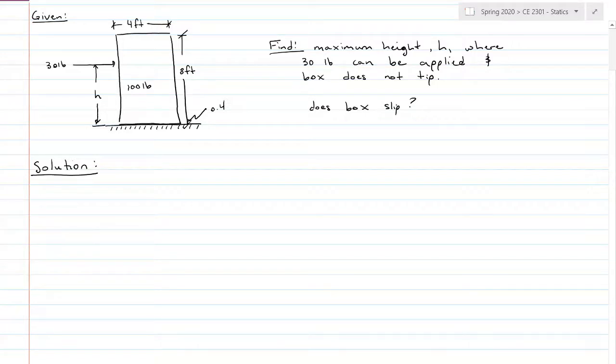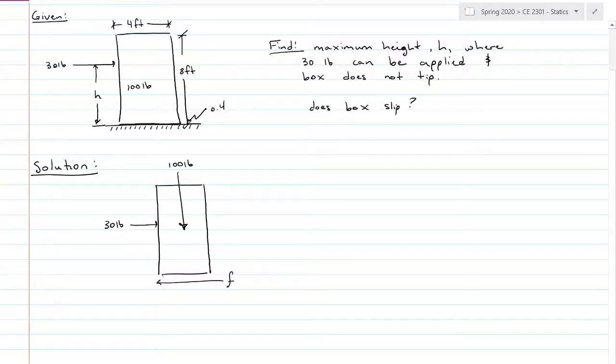So I have two things that I need to check here. And we are going to start with a free body diagram. So here is my box. It has a weight acting through its center of 100 pounds. It has a horizontal force of 30 pounds. It will have a friction force, and it will have a normal force of the ground acting onto the box. Okay, this acts at a distance h.